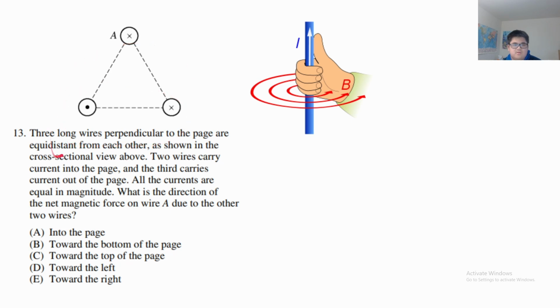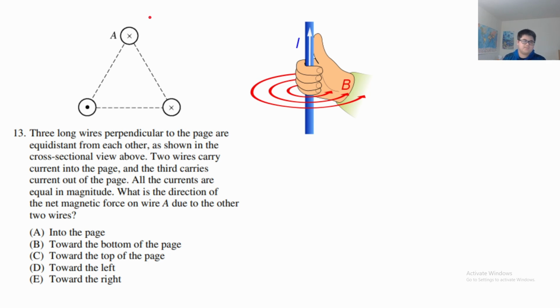So there would be a magnetic field going in this direction, and right here the magnetic field would go in this direction. With this current, you also do the right-hand curl rule, and you'll see that the magnetic field would go in this circle, in this direction, and therefore the magnetic field would hit wire A in this direction.